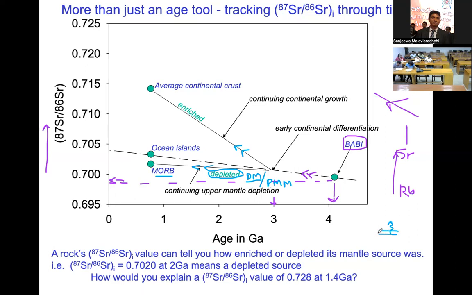Since the DM, depleted mantle, is already depleted in incompatible elements, you don't see a very high change of strontium isotopic composition in the mid-ocean ridge basalts, in MORB melt, because it's almost the same as the DMM, depleted mantle, or DM, because a lot of rubidium has already gone with this continental crustal production. Okay, so only very little rubidium was incorporated into this other partial melting process taking place at the mid-ocean ridges.